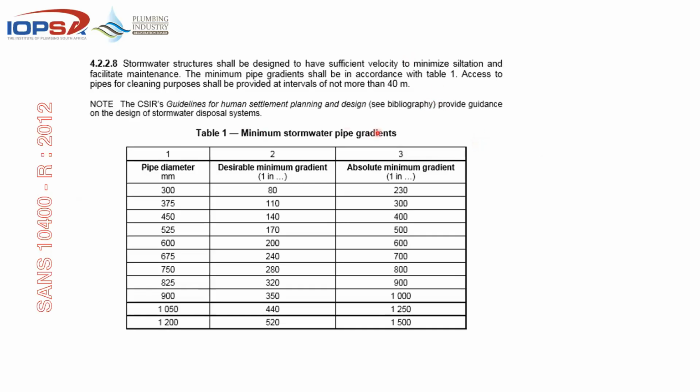So when you look at pipe gradients for stormwater, 300 mil, in a perfect world, you'd want 1 in 80. But you can see that if an engineer has a big enough surface with enough rainfall in that specific region, he can stretch it to about 1 in 230, which seldom happens because no one wants to live on that last little bit of where it can or cannot work. So you'll see that these things go quite flat.